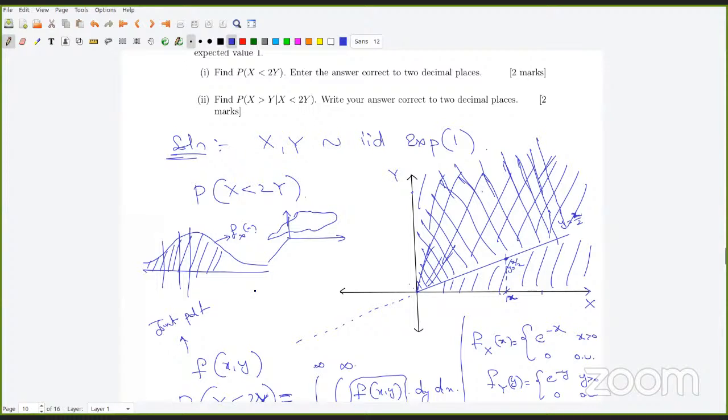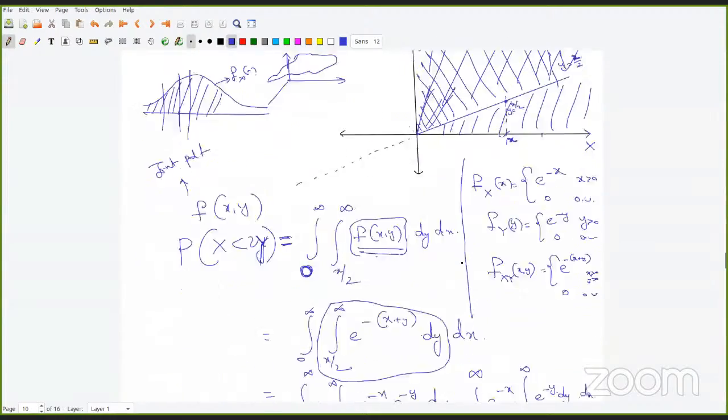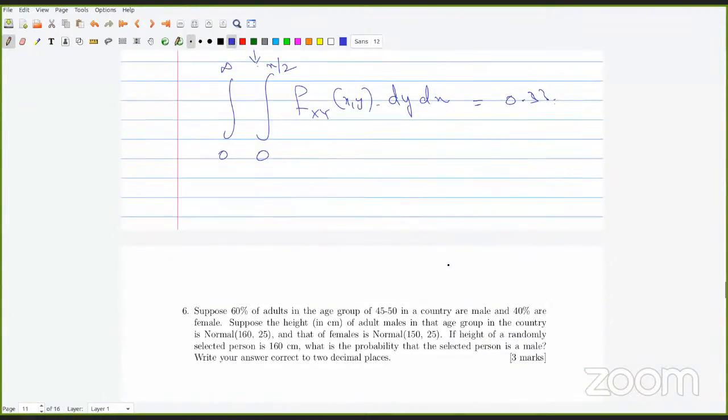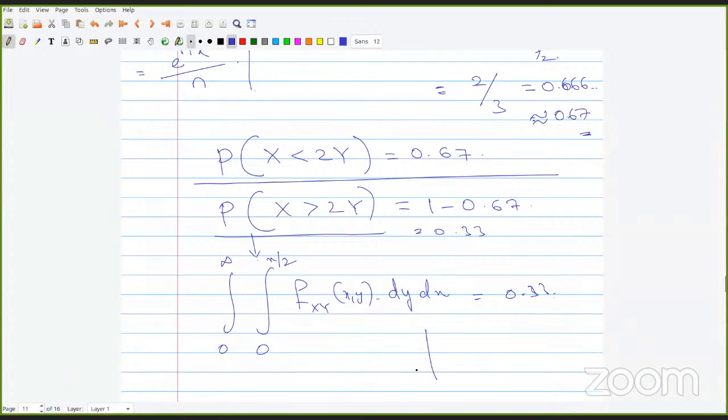Okay, so let me take a new picture. So you see here, let us suppose this is the region we are looking at. So x runs from 0 to infinity.